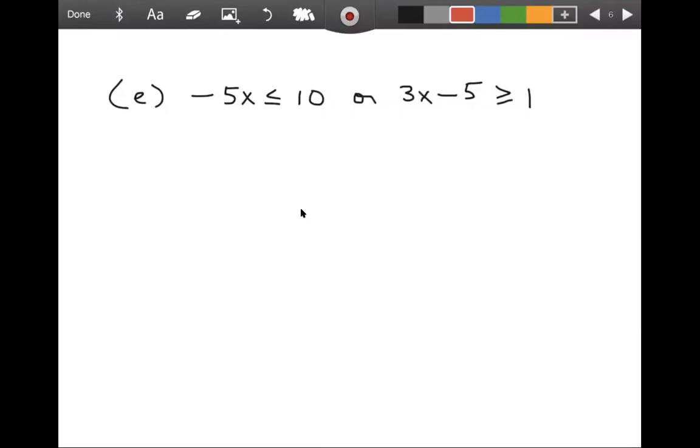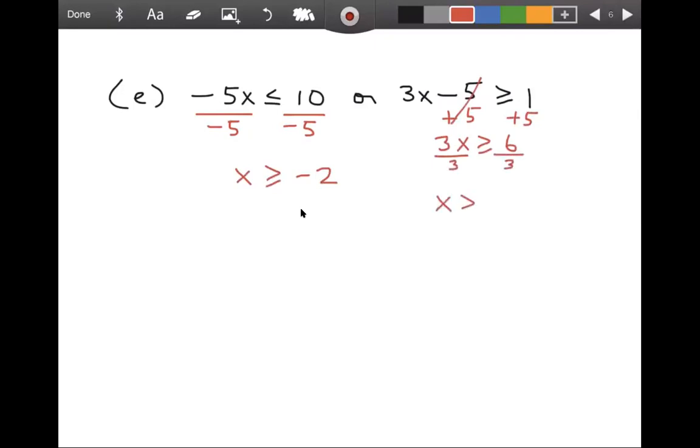So again, I'm going to solve each simple inequality separately. Divide both sides of this one by -5. That gives me x is greater than or equal to -2. And adding 5 to both sides of this one gives me 3x is greater than or equal to 6. Dividing both sides by 3 gives me x is greater than or equal to 2.